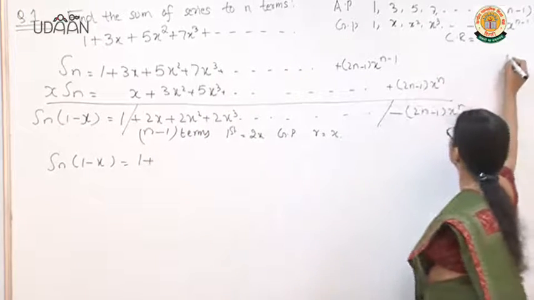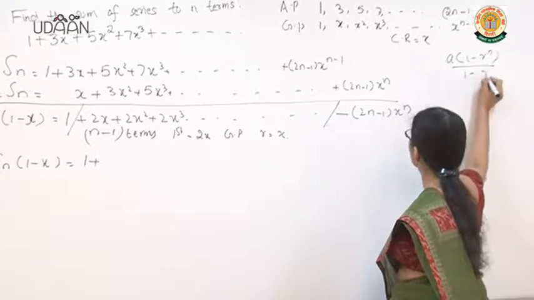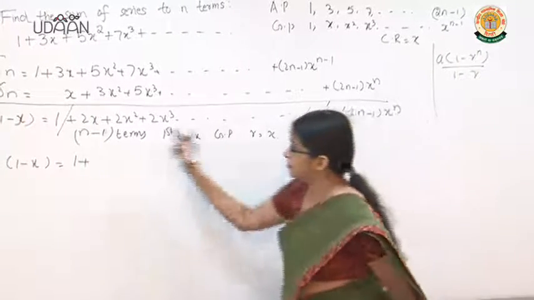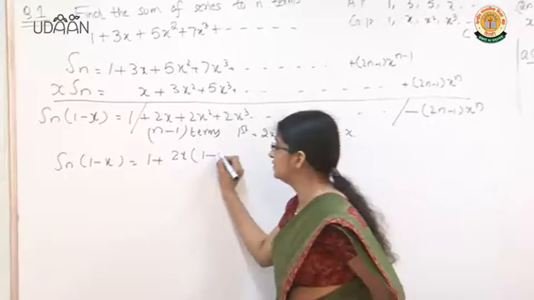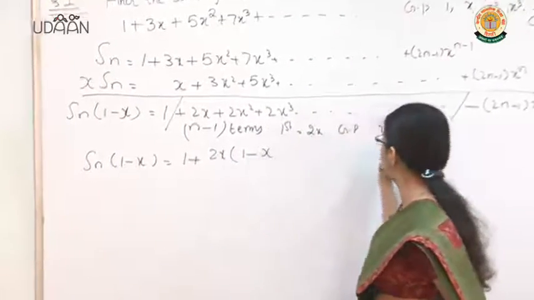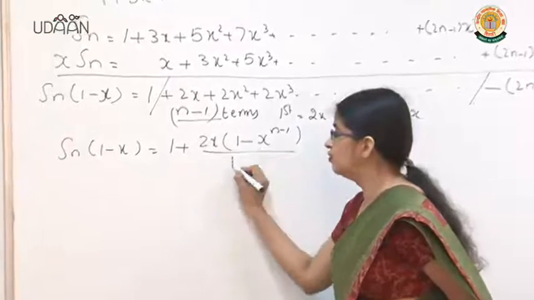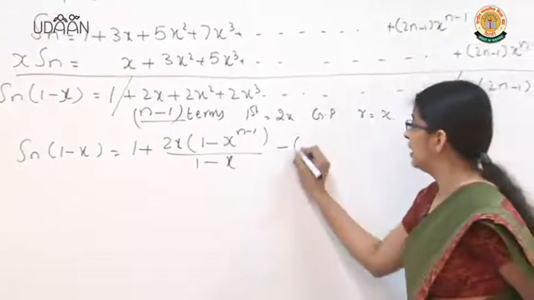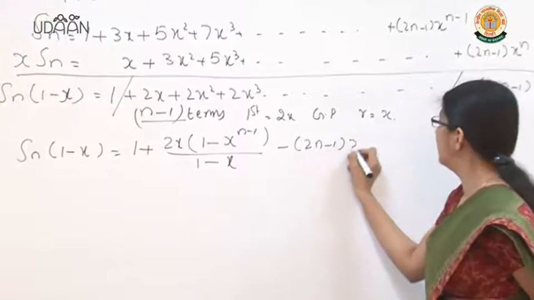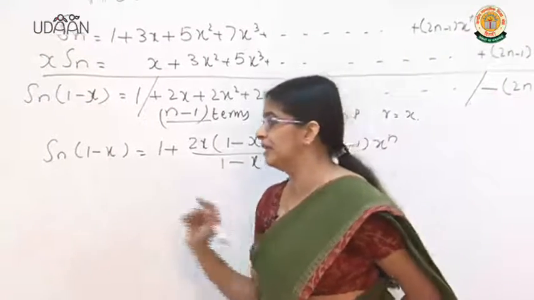Write the formula here: a into 1 minus r power n divided by 1 minus r. Put the values. a is 2x, a into 1 minus r, common ratio, power, number of terms n minus 1, divided by 1 minus x, and then minus the last term, 2n minus 1 x power n. This is the value of Sn into 1 minus x.